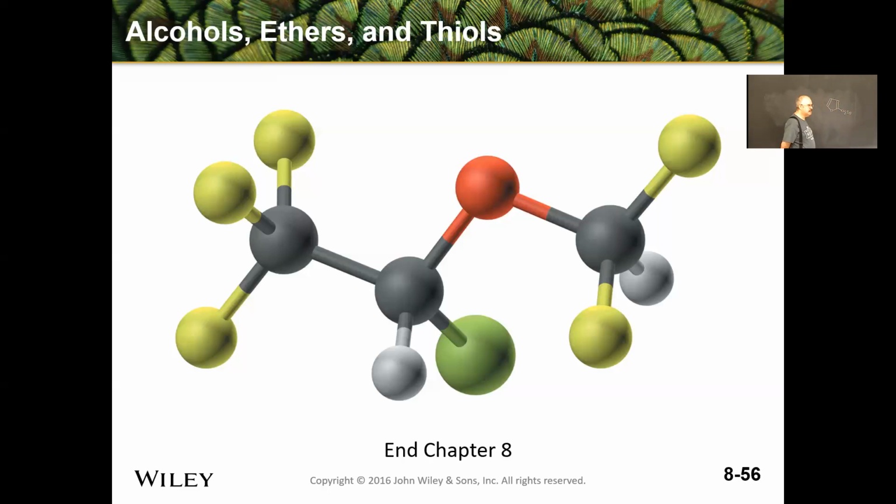Thiols typically have strong odors, and we talked about the presence of thiols, for example, as natural gas odorants, as components of the skunk scent. Also foods that have strong odors like garlic and onions contain thiols and also some other sulfur compounds.